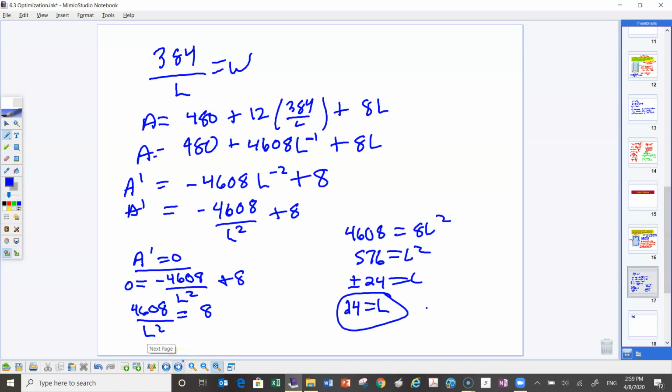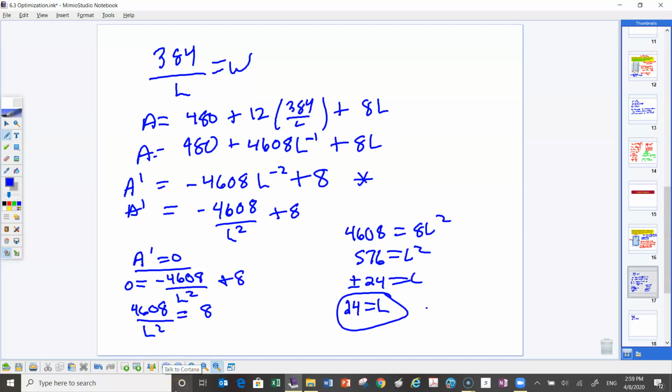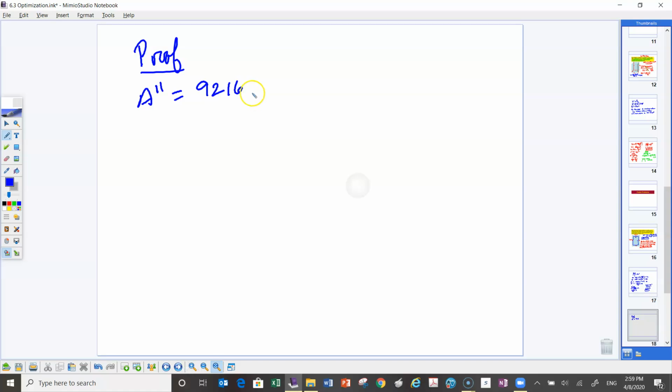So I'm going to take the second derivative. The negative 2 comes out front, and 4608 times 2 is going to be positive 9216. And that would be L to the minus 3, and the derivative of 8 is 0.